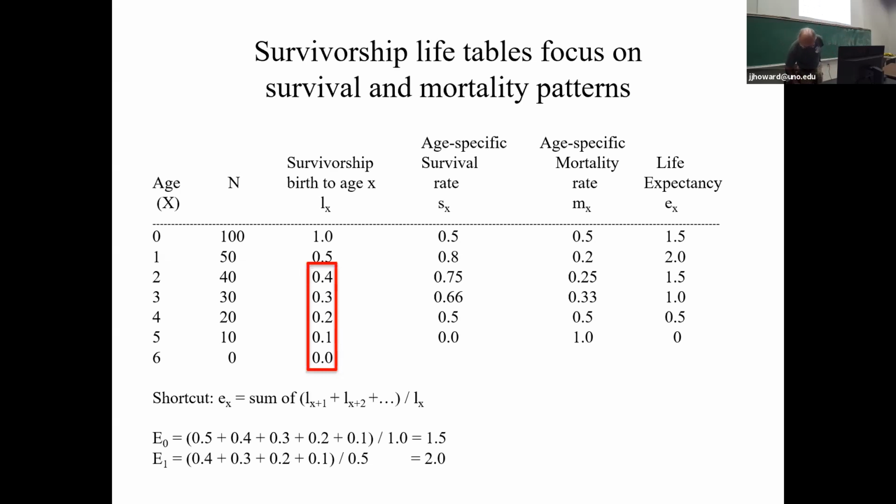Okay, so 0.4 plus 0.3 plus 0.2 plus 0.1 is 1.0. And what's L1? It's 0.5. 1 divided by 0.5 is 2. And that, my friends, is the life expectancy of a 1-year-old. It's 2, as you see in the column on the right.